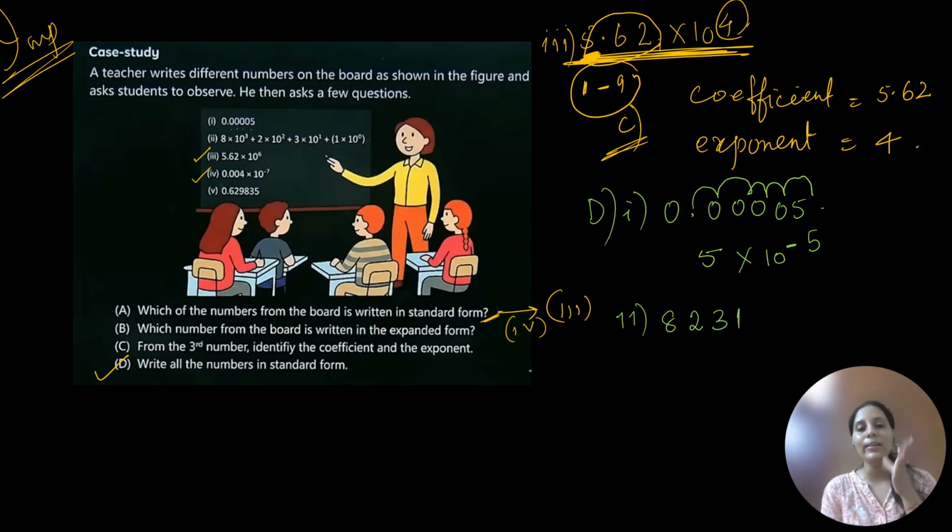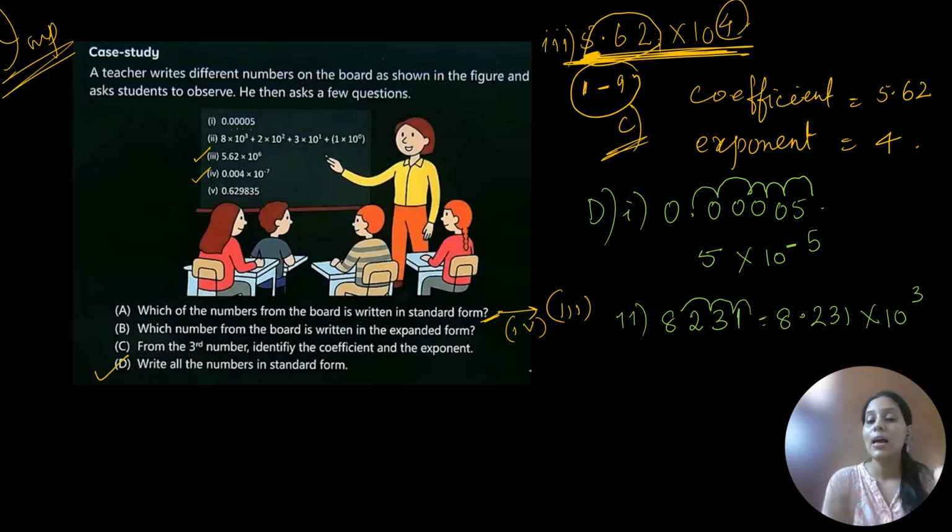Okay, this is the number I need to convert into standard form. अब हमको पता है after first digit you should have the decimal. So 1, 2, 3. Here the decimal should come 8.231 into 10 power. You know it went 3 steps. It is 3. Now plus or minus. अब the decimal is moving towards left. Left मतलब decimal is positive. So this is the answer.